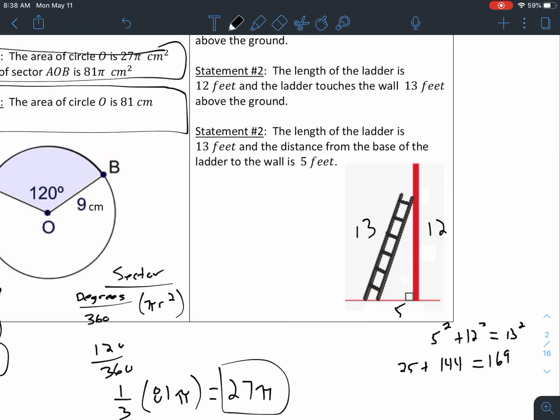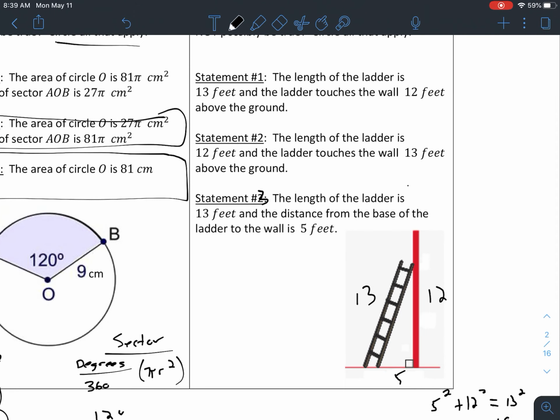Now let's add these together: 169 equals 169. So we know the ladder is 13 feet, and the distance from the base of the ladder to the wall is 5. So we know this one is true, so statement 3 is true.